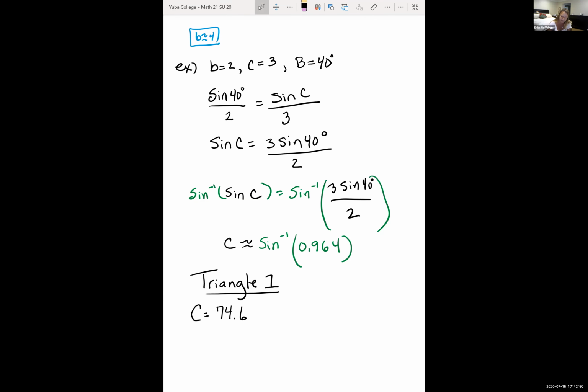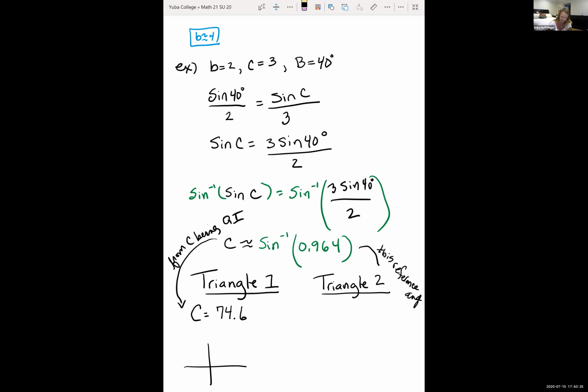But think of this as being from quadrant 1, from C being in Q1, but the reference angle will give us triangle 2. So if that was the reference angle, then we would have to fall in quadrant 2, and that would be our angle, which was 74.6.